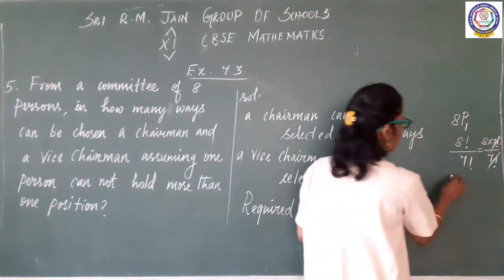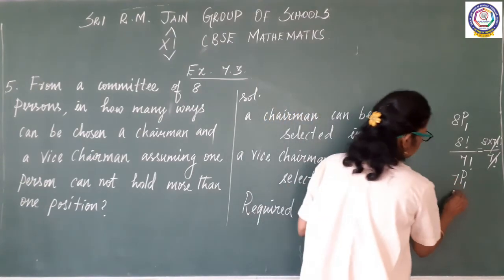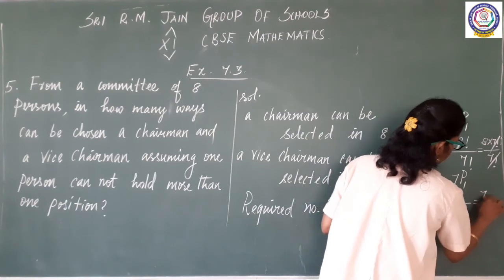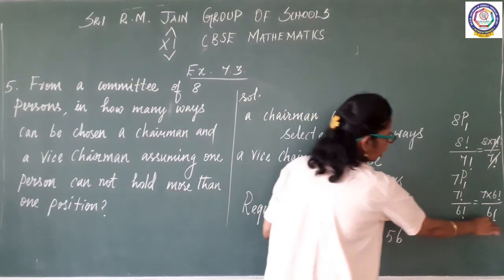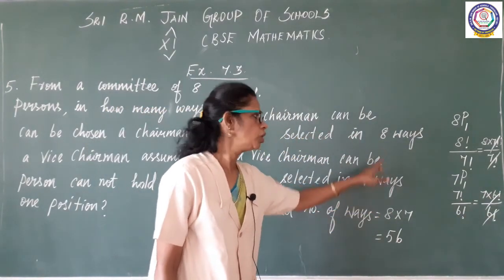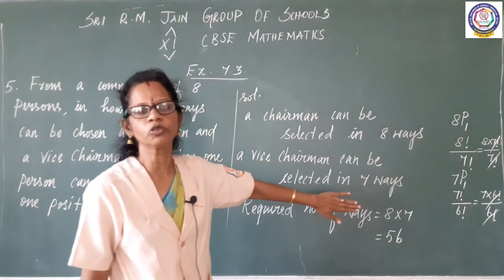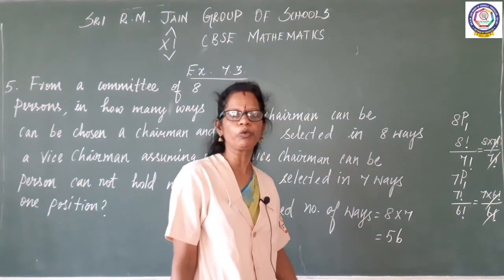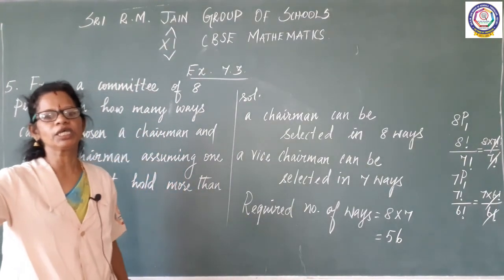So remaining, out of 7 we are going to select 1 person. So 7 factorial divided by 6 factorial, which is equal to 7 into 6 factorial divided by 6 factorial. That's why I wrote here selected in 7 ways. You can write directly or you can use the formula. Both give you the same answer. For your verification I applied the formula and proved it, right? Now how many ways can a person be selected? 56 ways.